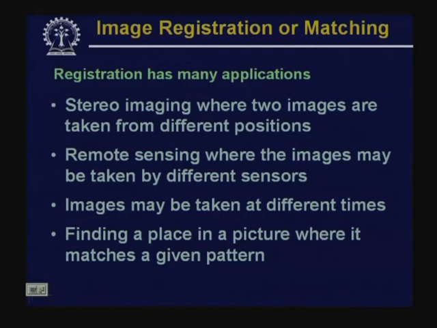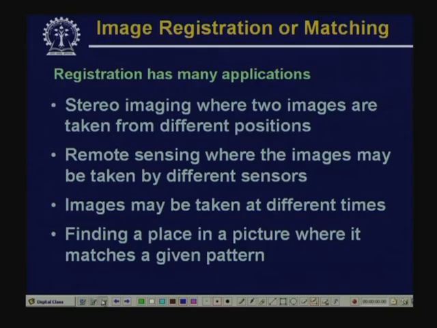Now, to explain the registration techniques, let us take the first example, that of template matching. For this template matching, we take a template of a smaller size, which we call template F. Say F is a two-dimensional image of a smaller size, and we have an image G which is of bigger size.